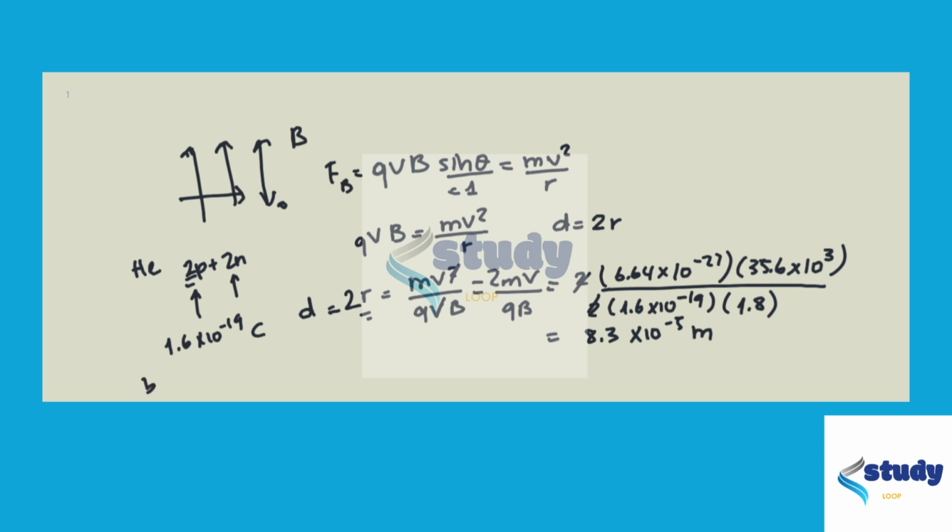In part B, we are asked whether or not this magnetic force has any effect on the speed of the particle. No, it does not, because the magnetic force is always perpendicular to the velocity vector, and therefore F_B does not do work.